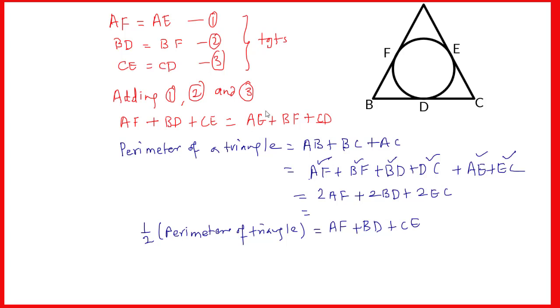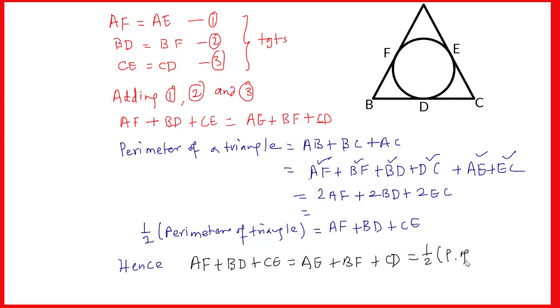But AF plus BD plus CE is equal to AE plus BF plus CD, and hence we can write finally that AF plus BD plus CE is equal to AE plus BF plus CD, that is equal to half into perimeter of triangle ABC, and hence we have proved this.